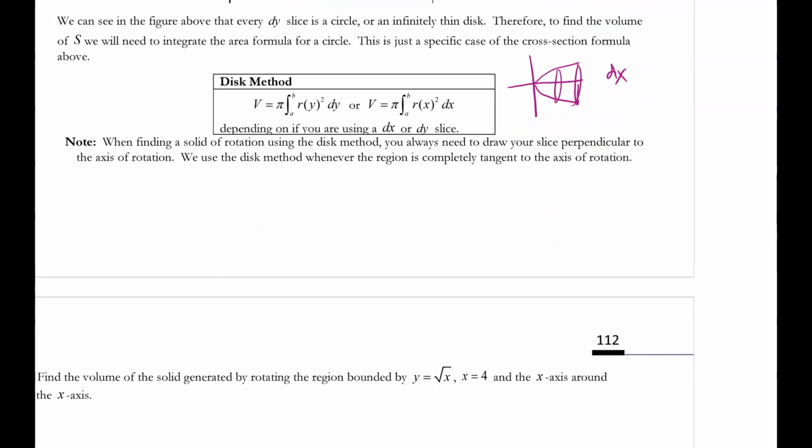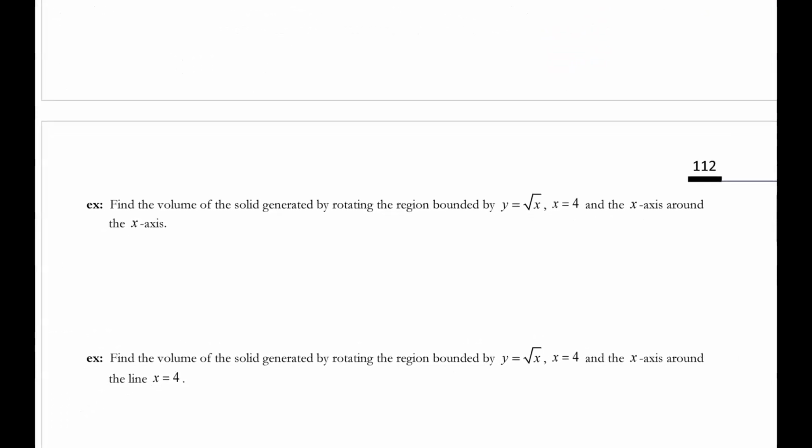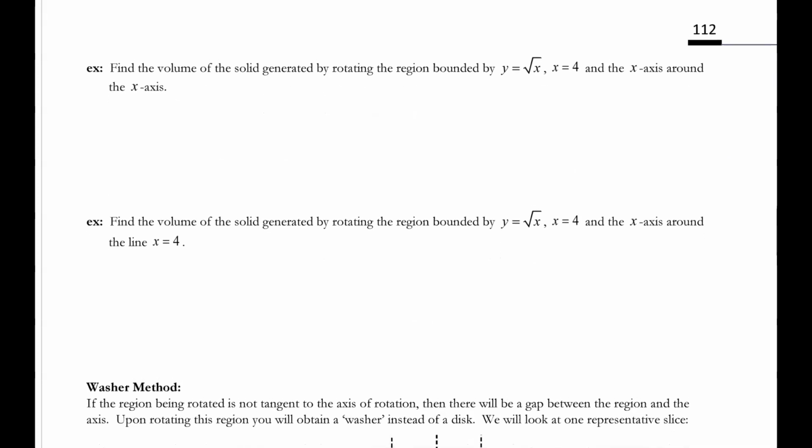All right, so let's jump straight into this first example. Find the volume of the solid generated by rotating the region bound by y equals the square root of x. So I'm going to sketch y equals the square root of x, x equals 4, and the x-axis.